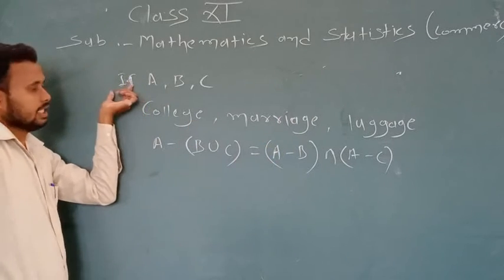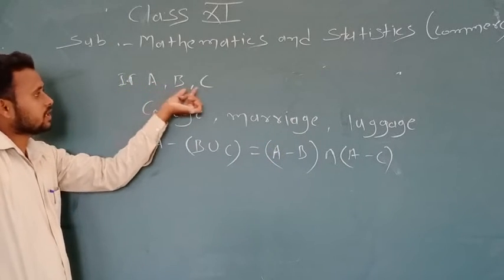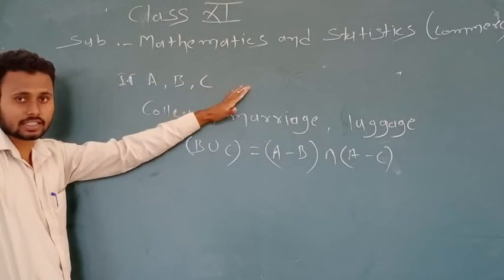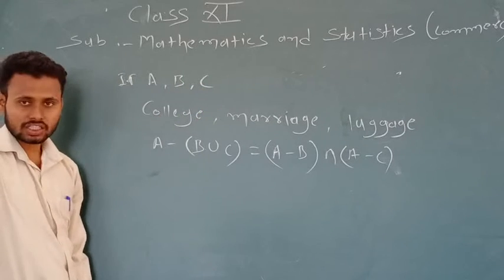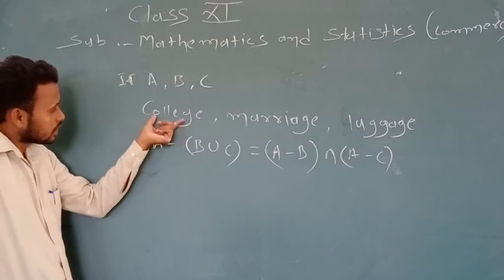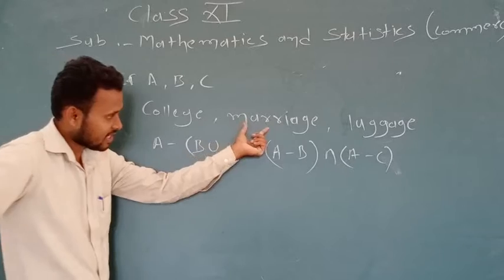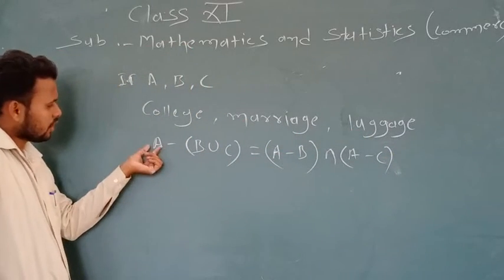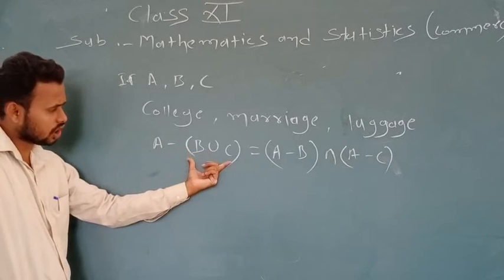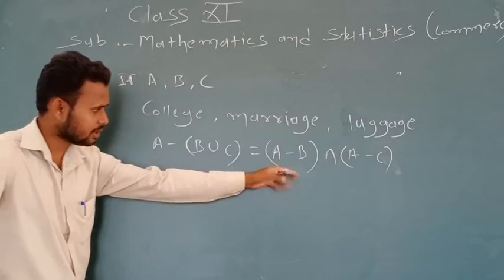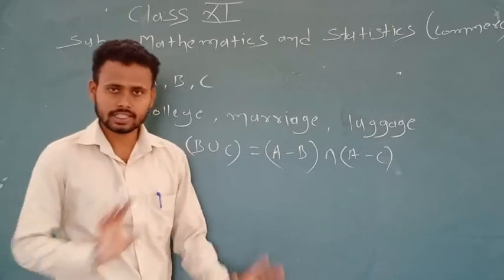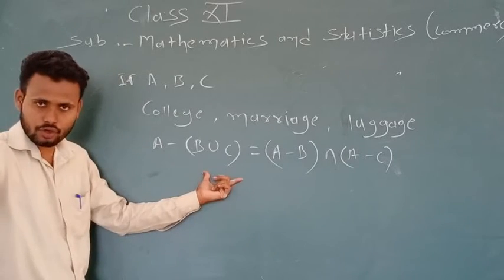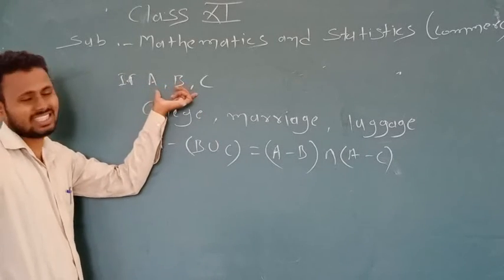Question: if A, B, C are the sets for the letters of the words college, marriage and luggage respectively, then verify that A minus B union with C is equal to A minus B intersection with A minus C. We have to verify this with the help of these three sets.